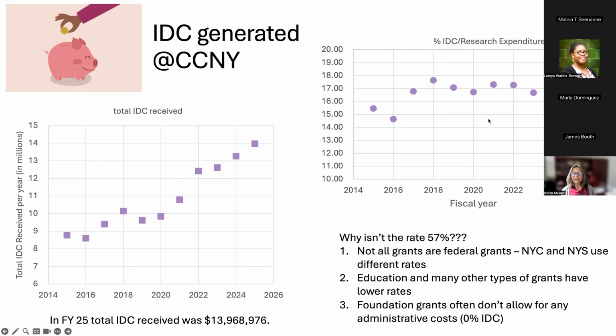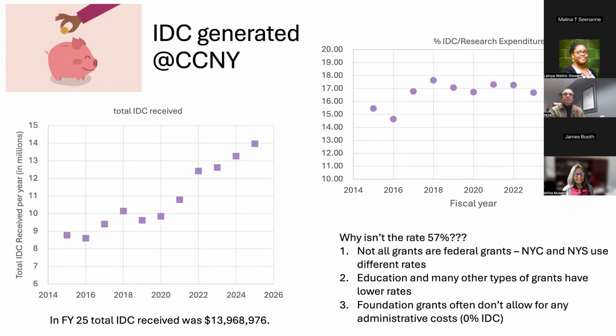If we look at that rate, that's something we can call the effective rate here at City College. It's the effective rate for everybody here at City College. Our effective rate is around 17 to 18%. You can see that it has stayed relatively flat over the years since about 2017, hovering between 18 and 16%.